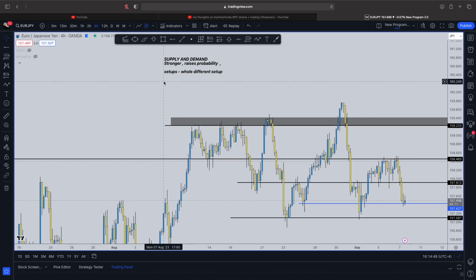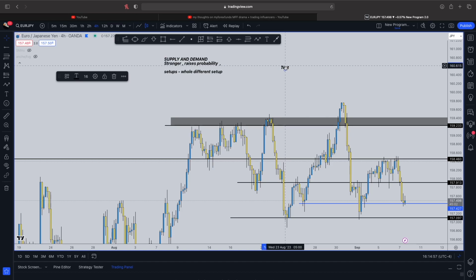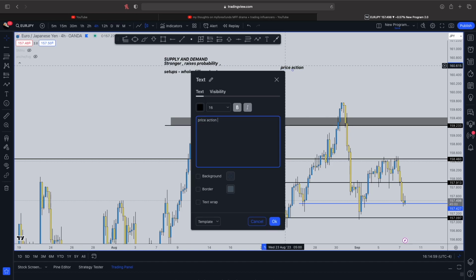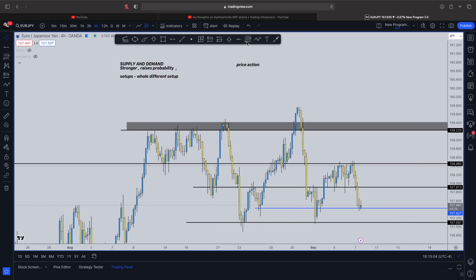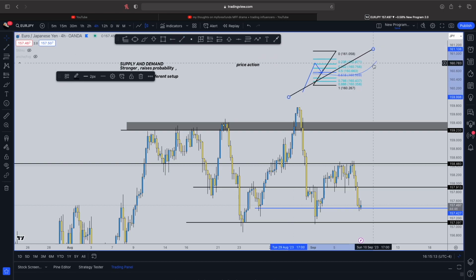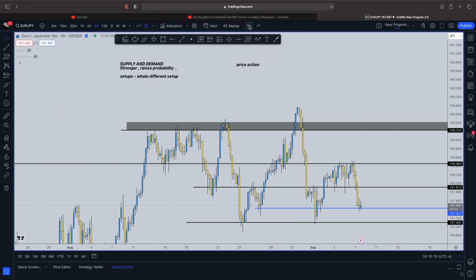This is the only time that you don't need like 4 confluences to take a trade. When you have a supply and demand area and you match it up with price action, and reading candlesticks, supply and demand and price action is just as good as a trade that has a Fibonacci level, a moving average, or a trend line. It's not even better, it's just on the same level as those setups.